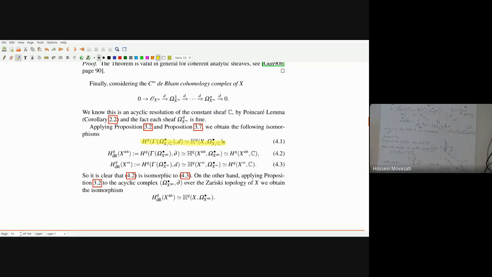The proof is the same as the one that we wrote, because we have this double complex. According to Serre's theorem, there is no Čech cohomology. So if delta of something is 0, it is the delta of something else. The same proof that we mentioned right now works to prove this one.